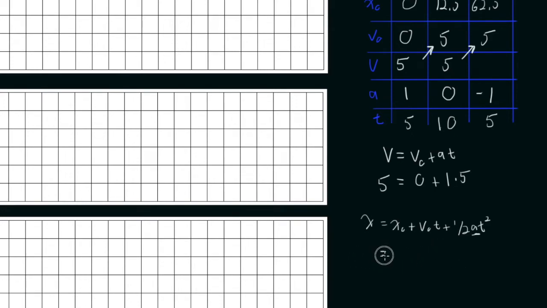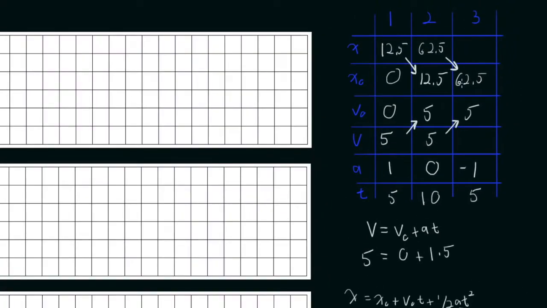And we've got x being equal to 62.5 plus 5 times 5 plus 1/2 times -1 times 5 squared. And if we take all of that together, we end up with 75. And so our final displacement is 75. And then our final velocity, that would be v equals 5, our initial velocity, plus -1 times 5, which is 5 minus 5, so 0.